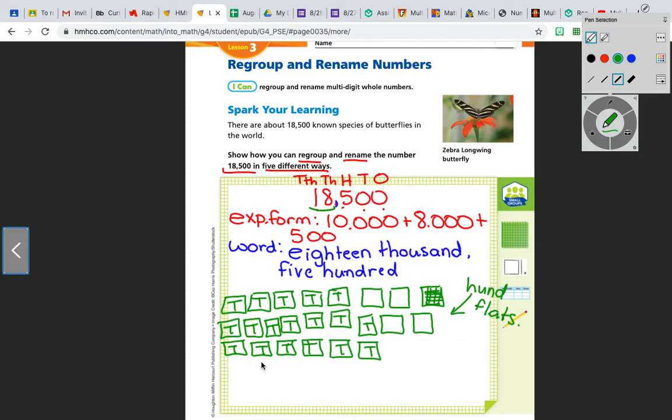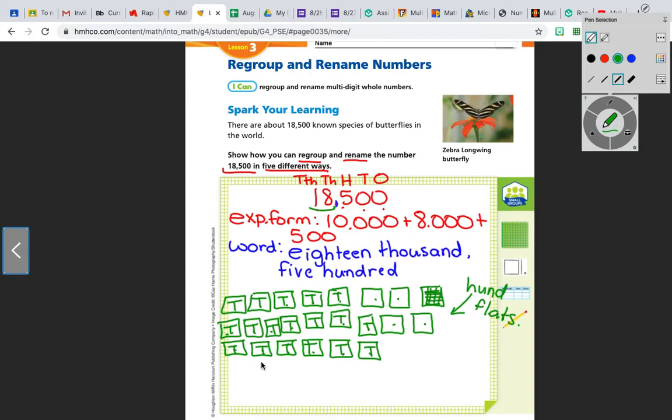And let me check and make sure I have. So I have 1, 2, 3, 4, 5. These are hundreds. And then I should have 18,000. So 1, 2, 3, 4, 5, 6, 7, 8, 9, 10, 11, 12, 13, 14, 15, 16, 17, 18. So I have 18,000. So that would be if we drew it with place value blocks.